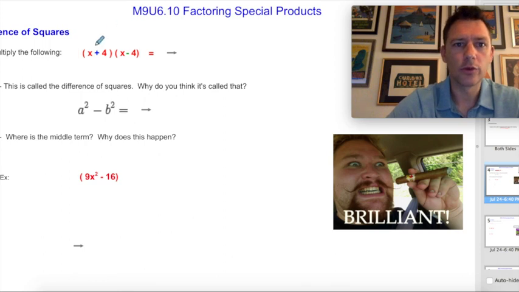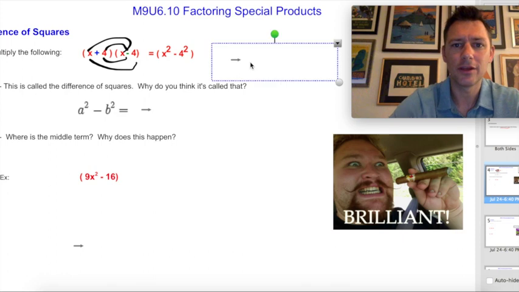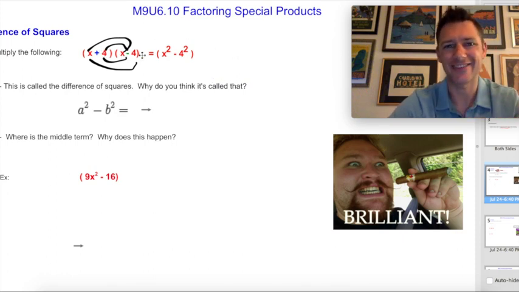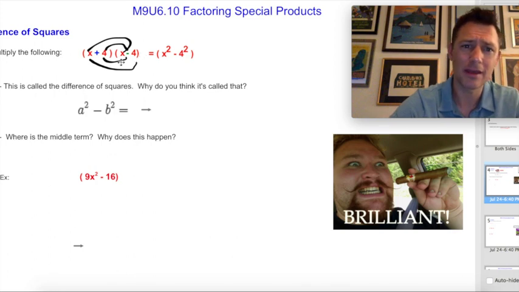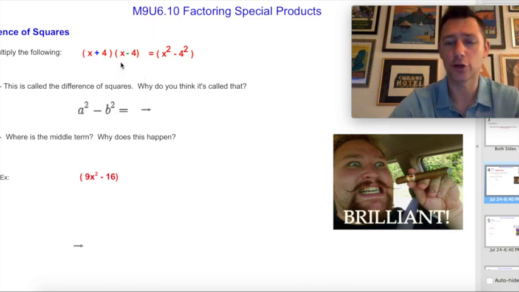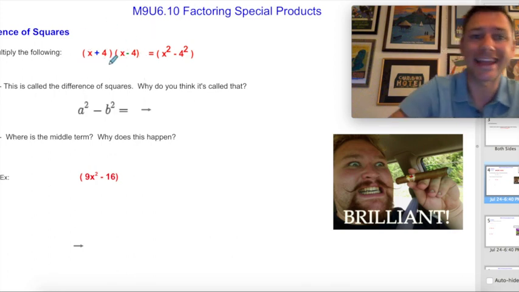All right, when you FOIL this out, you get x squared, negative 4x and positive 4x, and negative 16. And when you clean that up, the positive 4x and the negative 4x cancel each other out. They're the same term, but with opposite signs.